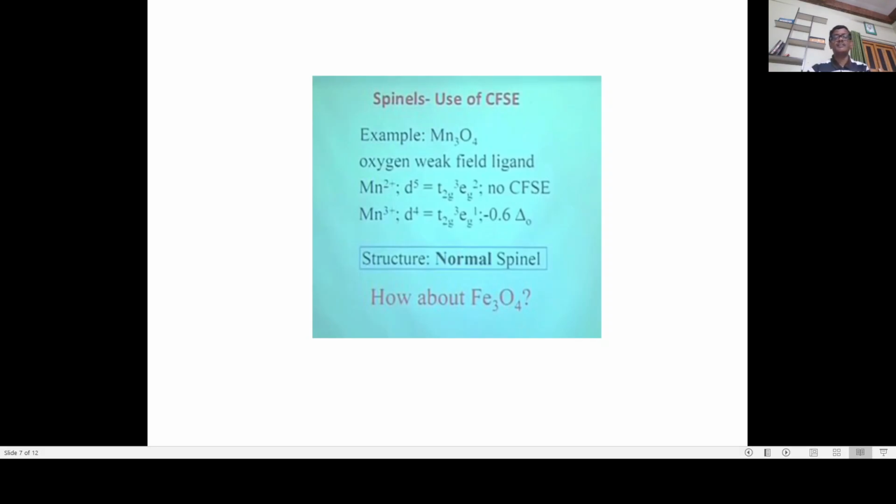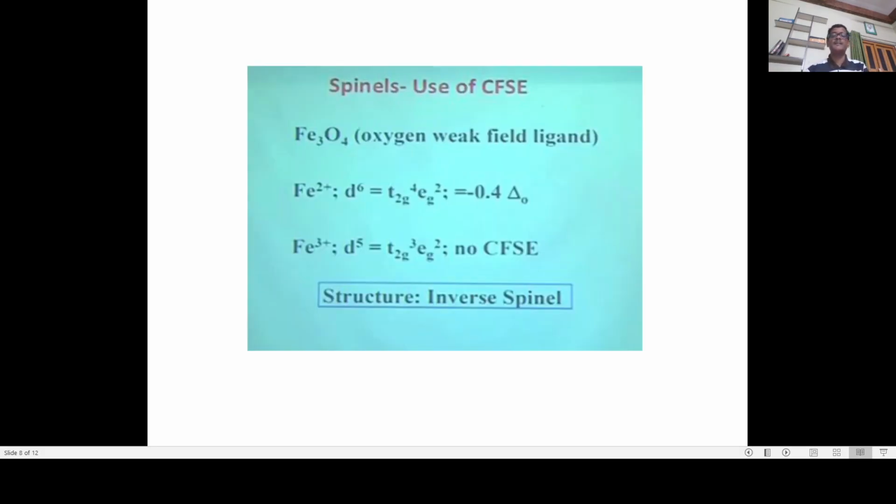If we want to get the details of the Fe3 plus tetrahedral site in the spinel using CFSE, with 4 oxygen weak field ligands plus 6 for the EG gives you minus 4, and 3 plus d5 you can find is a high spin complex, d5 high spin.